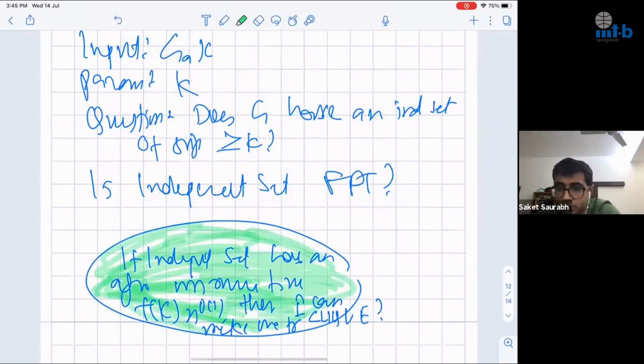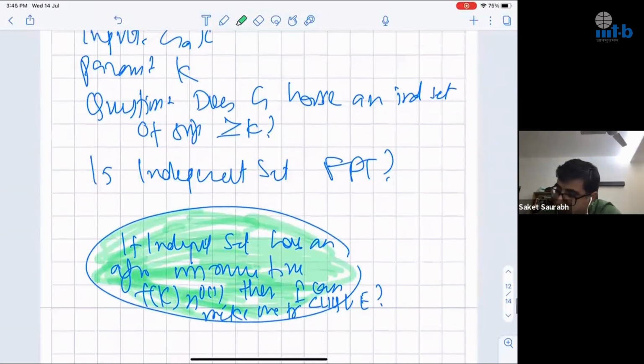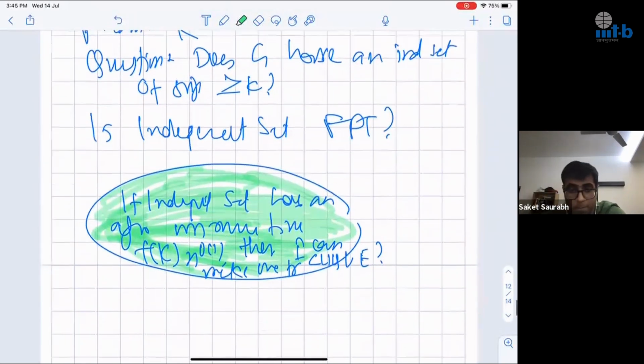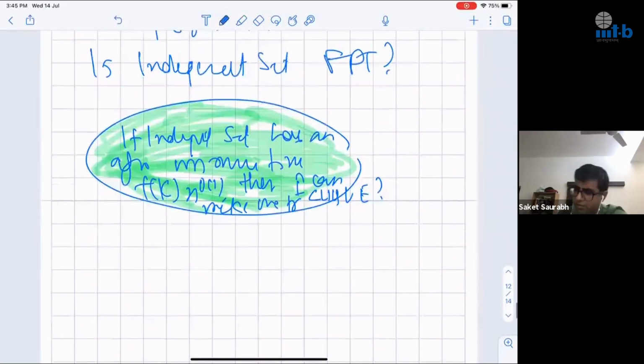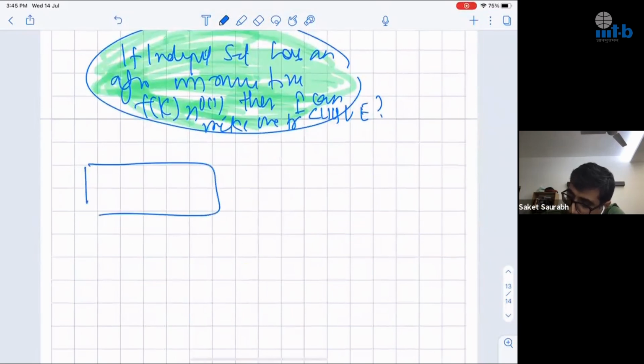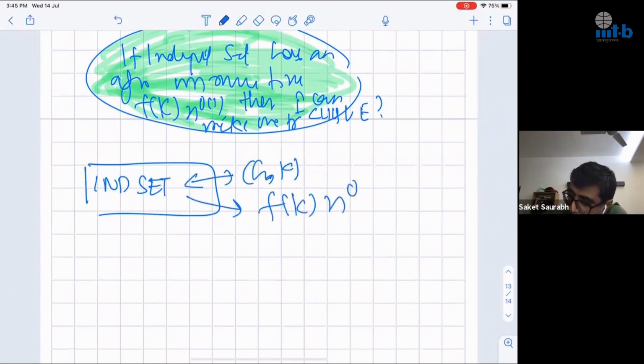So now suppose I had an algorithm for independent set. It takes as input G comma k, and in f of k n to the power big O of 1 time returns whether G has an independent set of size k or not.